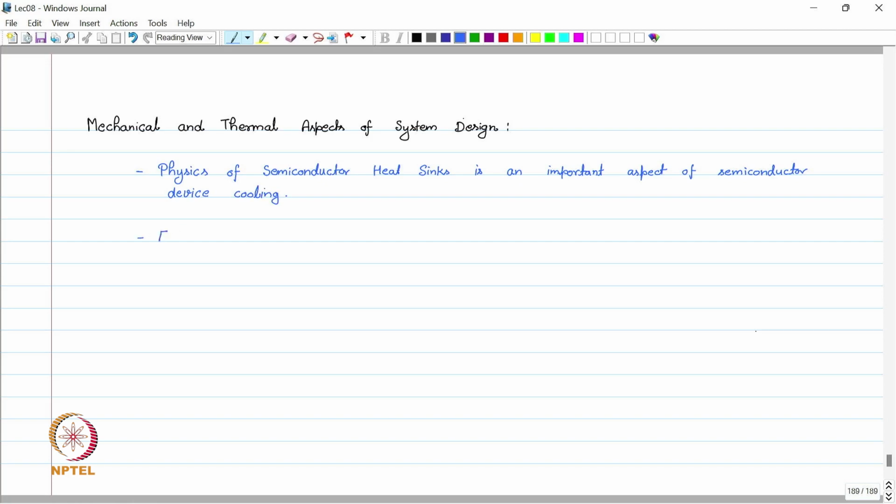In earlier days, a simple metallic piece was good enough to carry away the excessive heat.